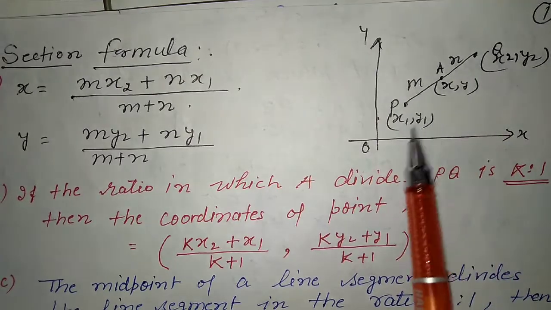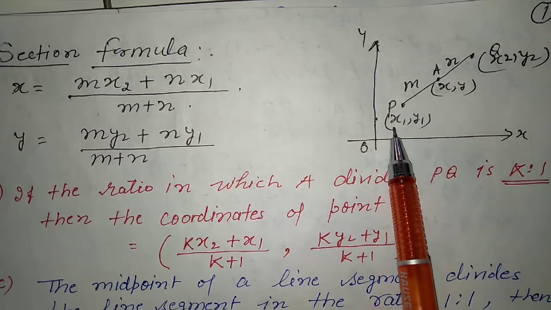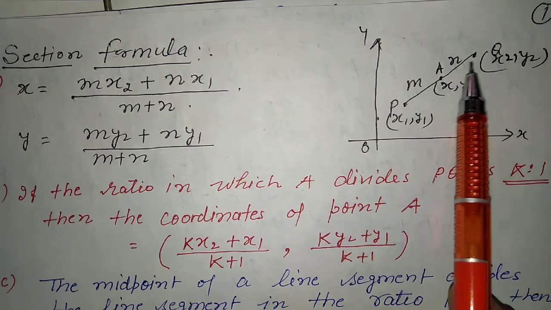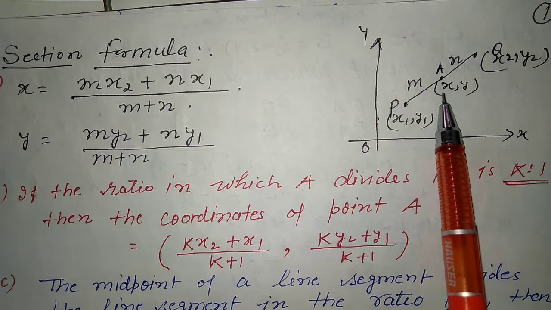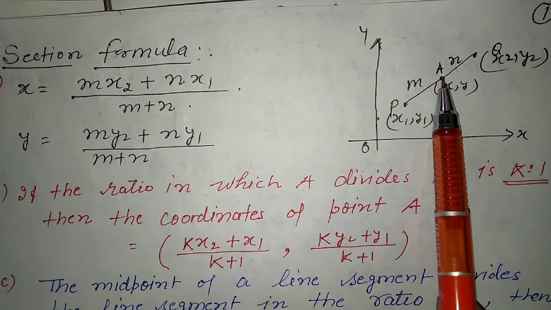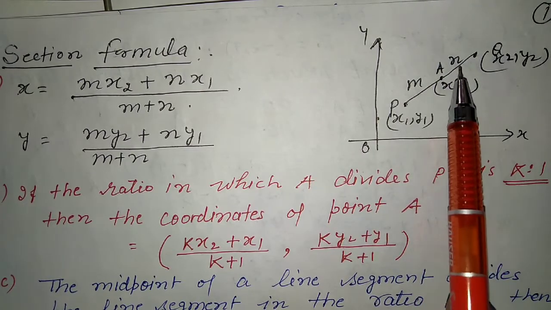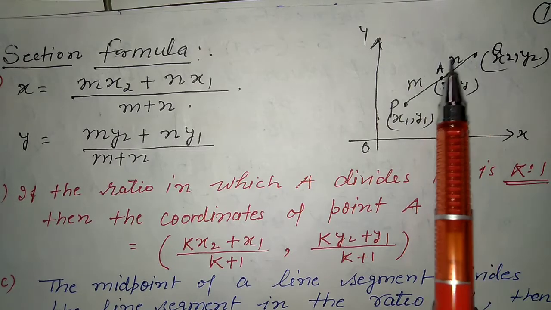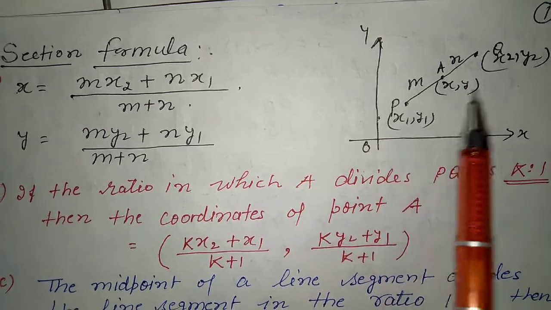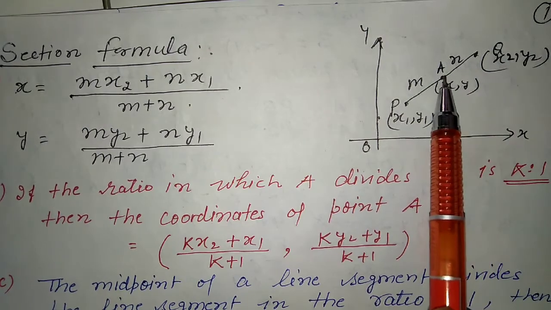P is a point with coordinates x1, y1, point Q has coordinates x2, y2, and suppose the coordinates of A are x and y, and it divides the line segment internally into two parts in the ratio m:n. So what is the formula to find the coordinates of this point A?